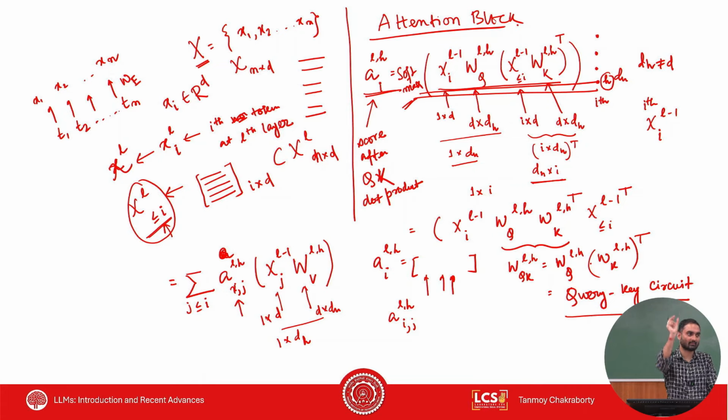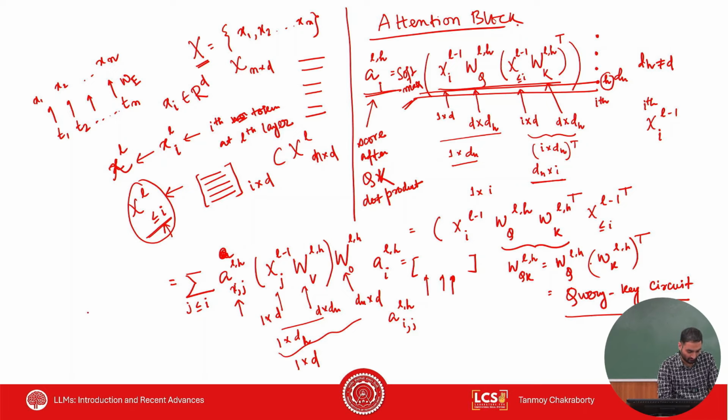But in the residual stream the size should be d. So I need to again project it to d. For that I need another matrix which will be multiplied here, which we call the output matrix, W_O^(L,h). The dimension is d_h times d. So this will produce 1 cross d, right?